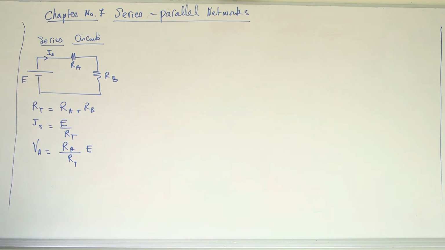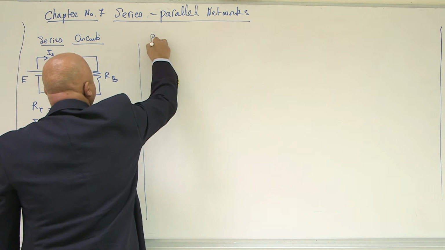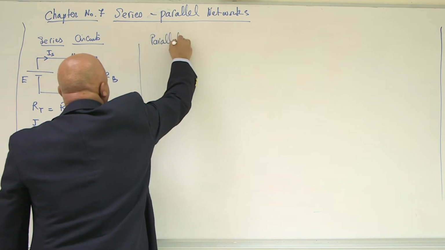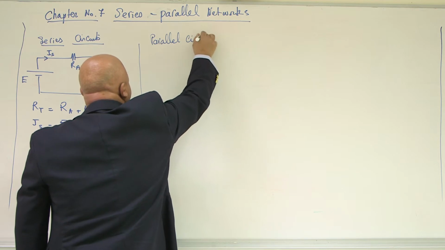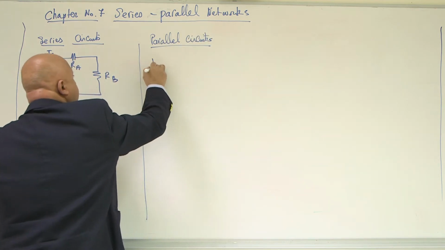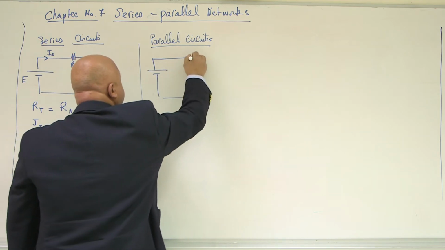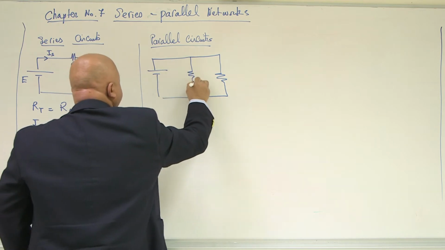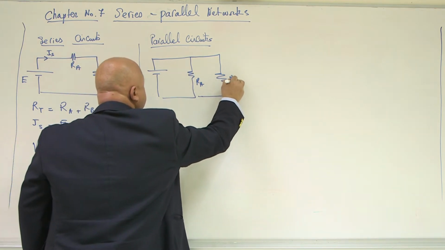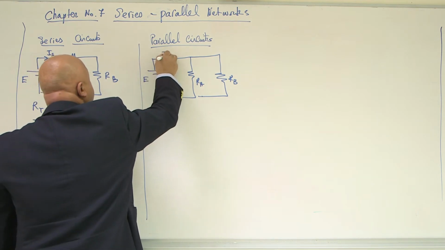Let's see parallel connections. We have here RA, RB, E, IS.